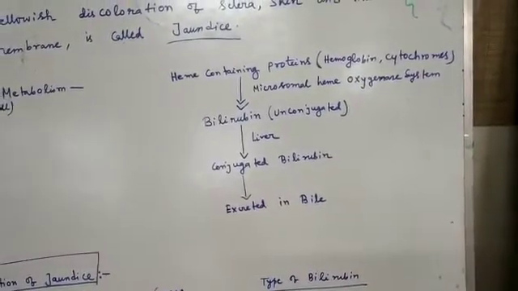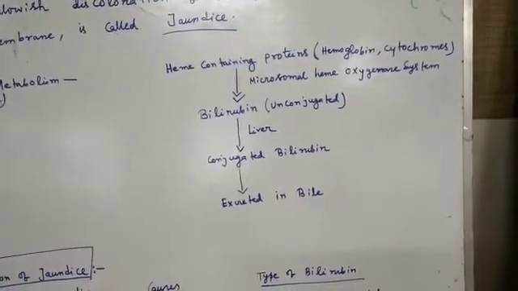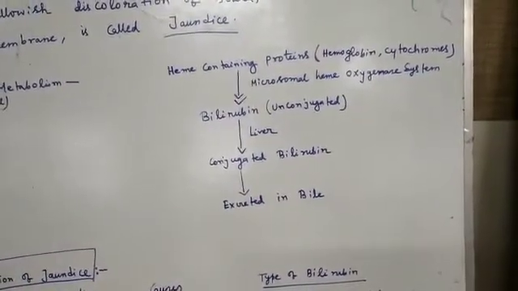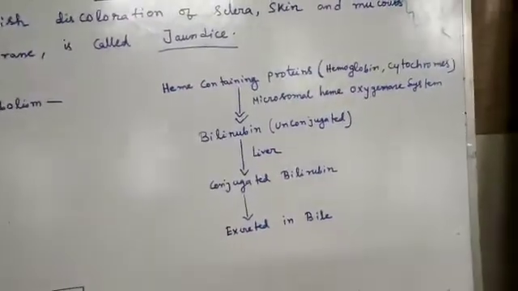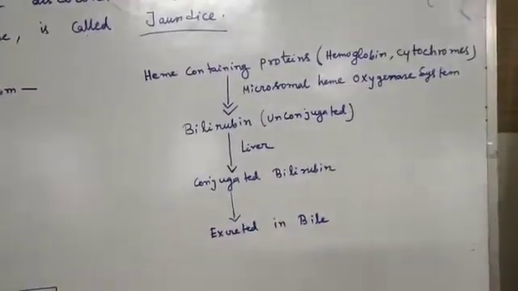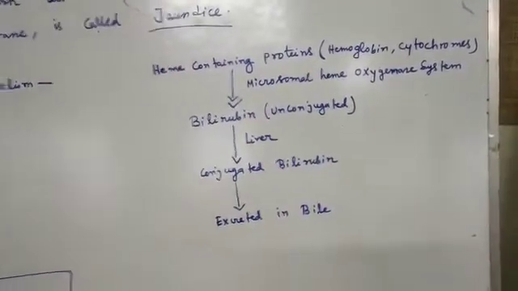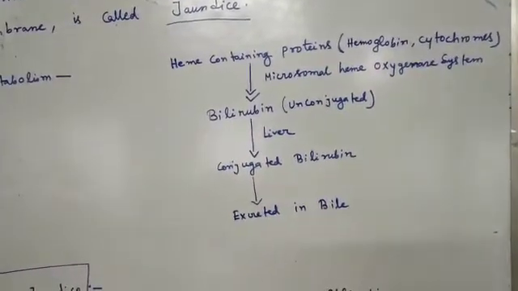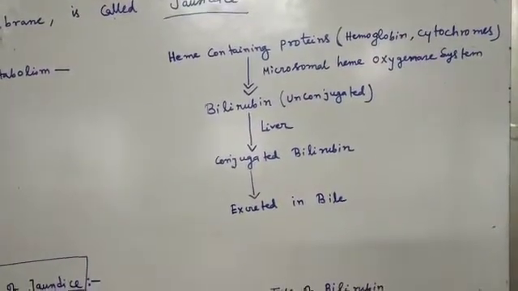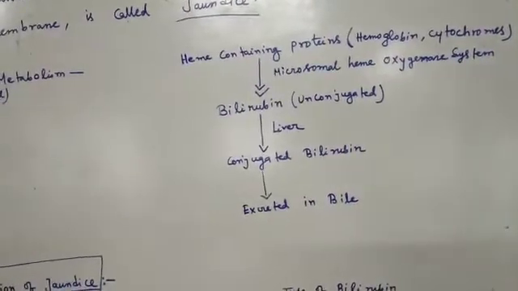After conjugation within the liver with glucuronic acid, this bilirubin becomes conjugated bilirubin, and this bilirubin is hydrophilic, hence it is excreted in the bile, into the intestine at the second part of the duodenum.